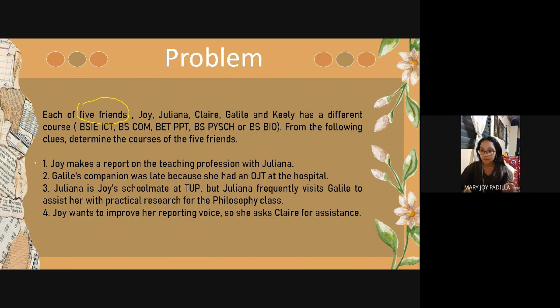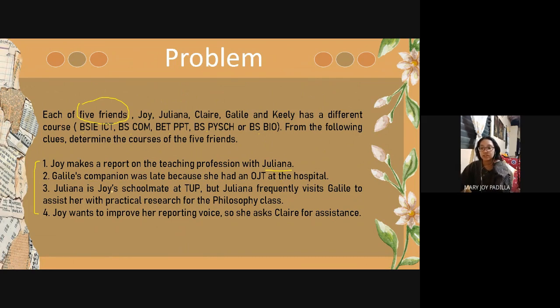So, we have here the 4 clues na given. Number 1 is, Joy makes a report on the teaching profession with Juliana. The next clue is, Galilee's companion was late because she had an OJT at the hospital.